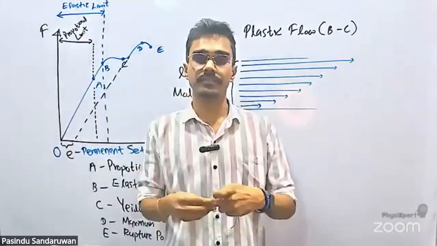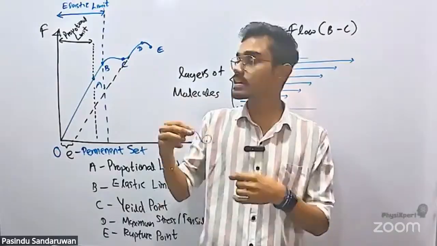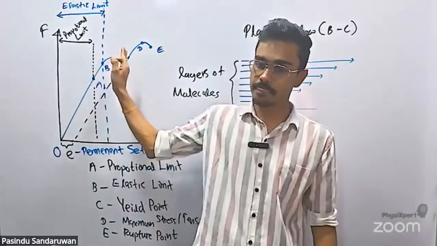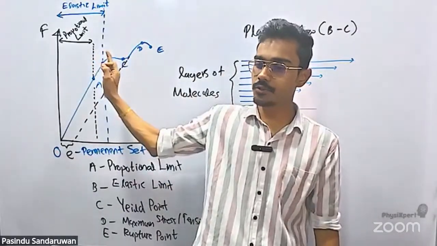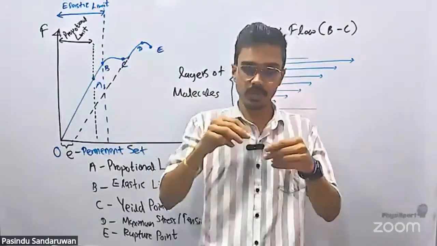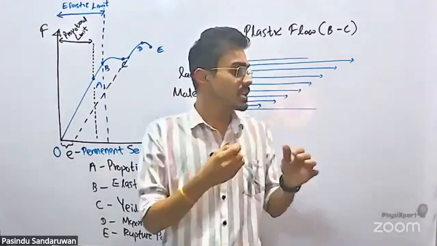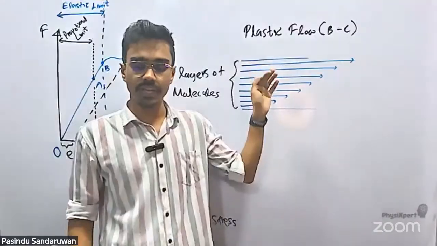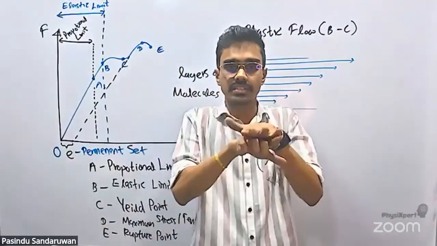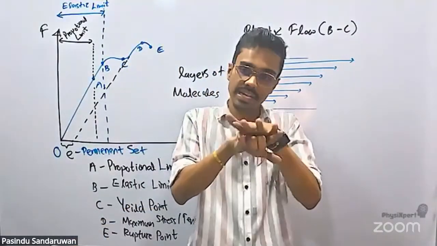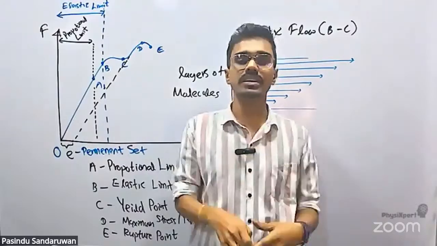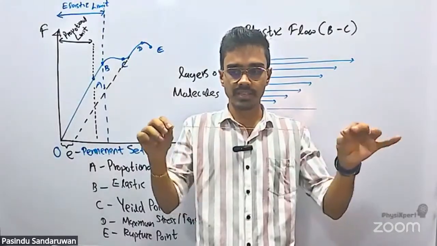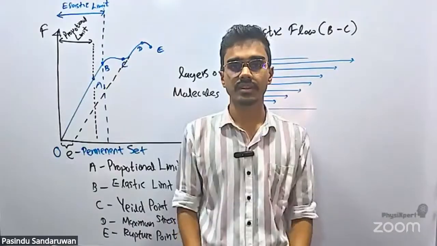When we continuously increase the force beyond B, these layers of molecules slide on each other at a micro level.